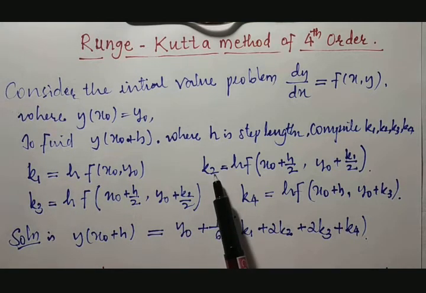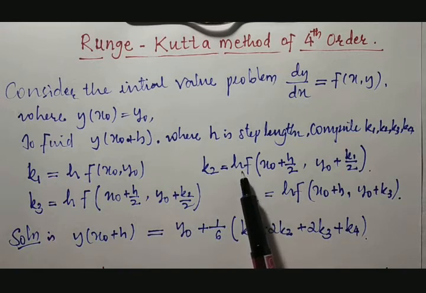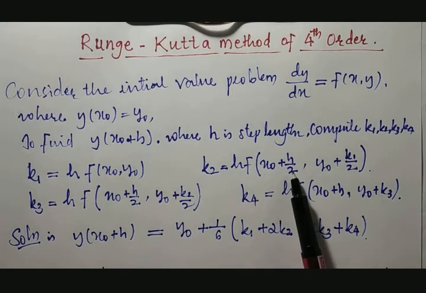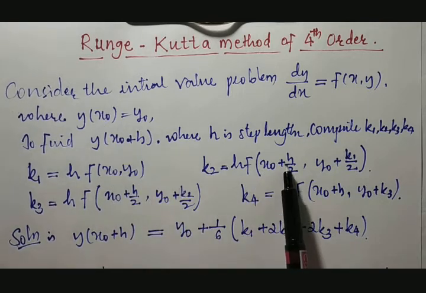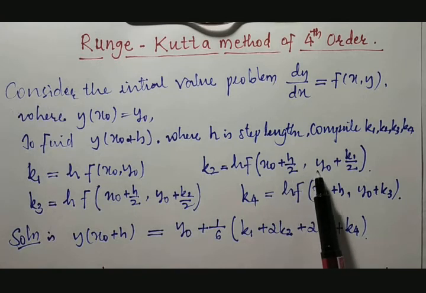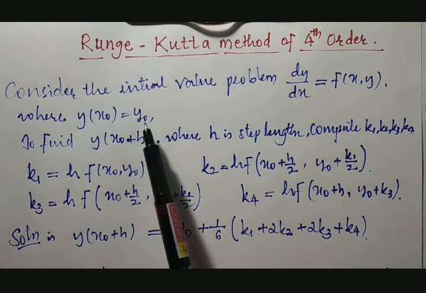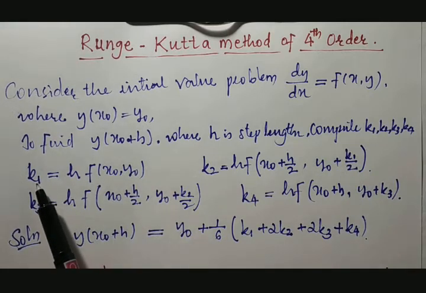Next, to obtain k2, we need to use the relation h into f of x naught plus h by 2, means initial value of x plus step length by 2, comma y naught plus k1 by 2.